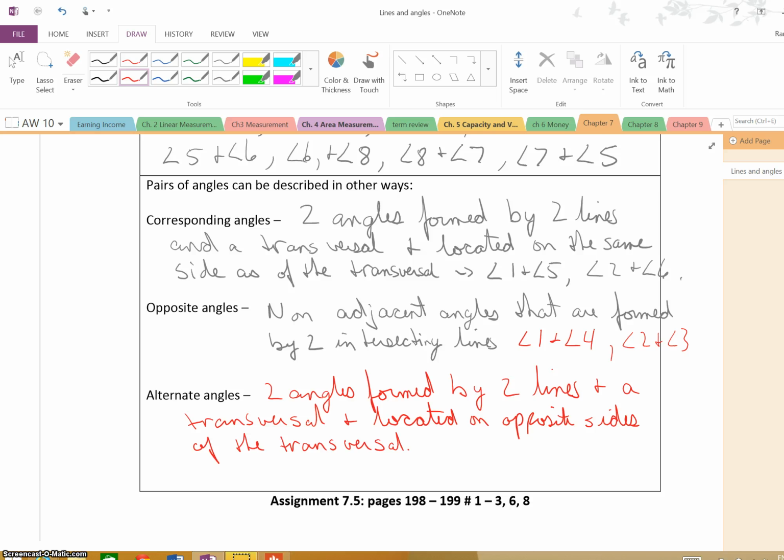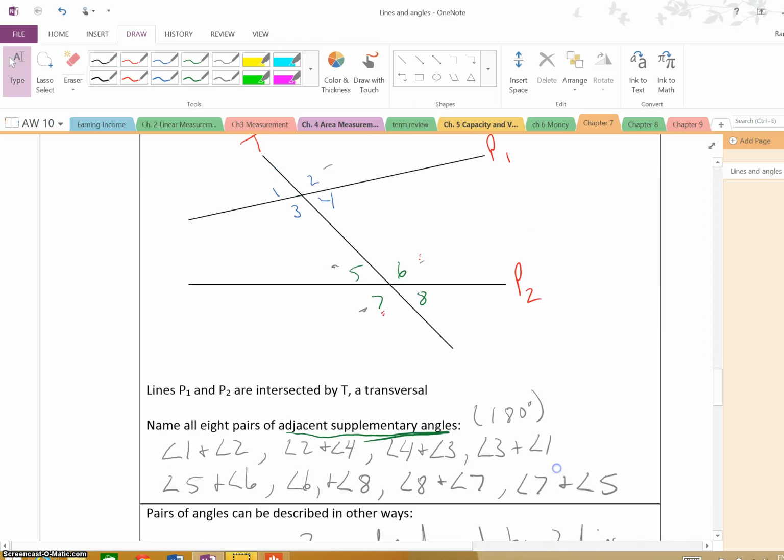Now with alternate angles, there are basically two types. There are your alternate interior angles. In this case, 3 and 6 would be alternate interior angles.